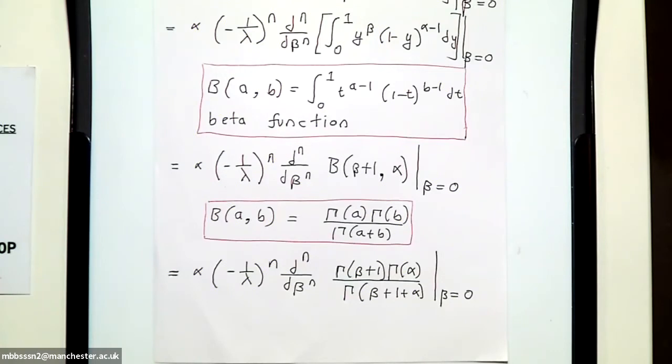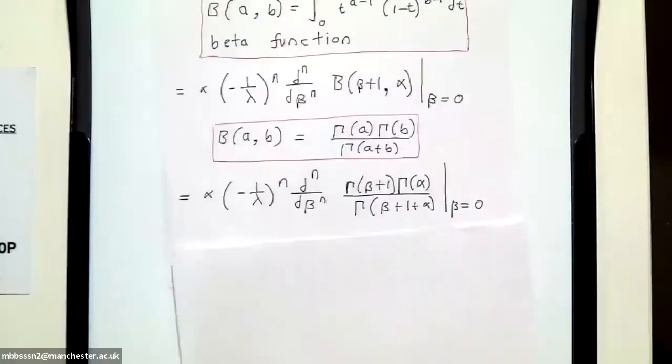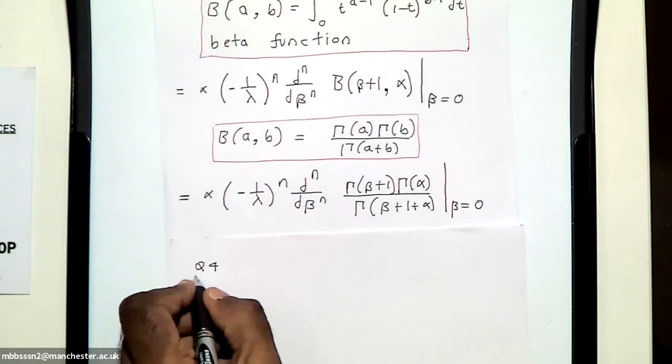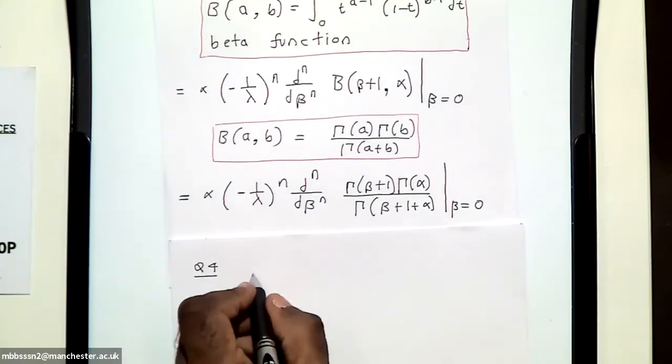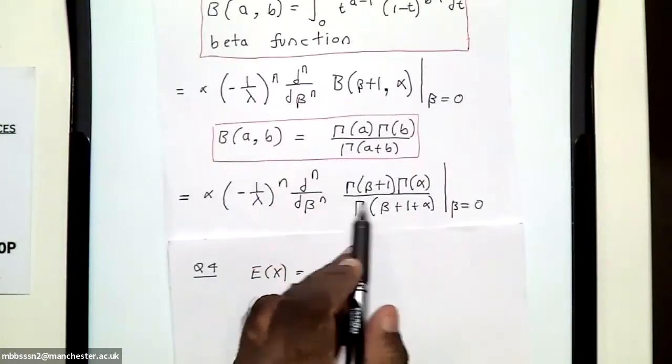Now part 4 is to find the mean of x. Remember, the mean is simply the expectation of x. So to find the mean of x, all you have to do is put n equal to 1 into this formula.